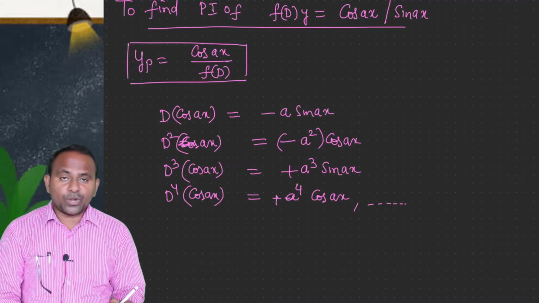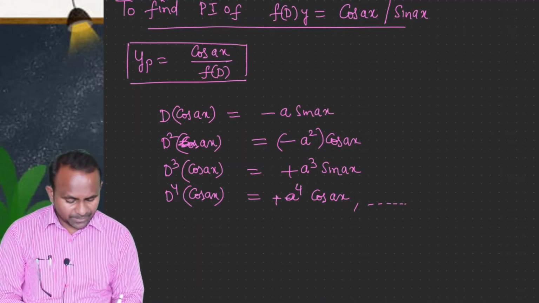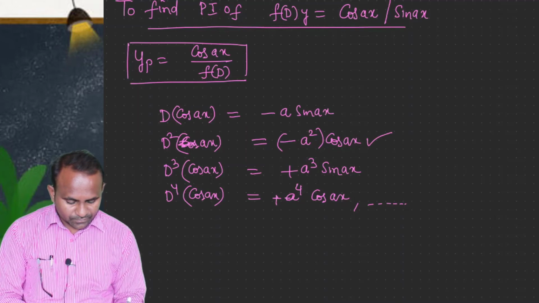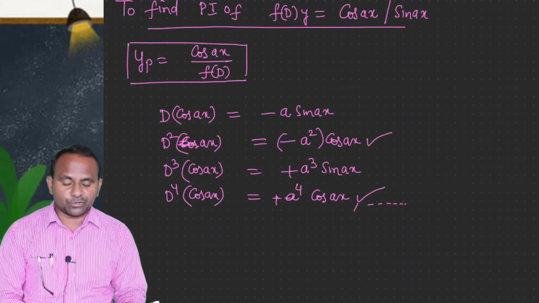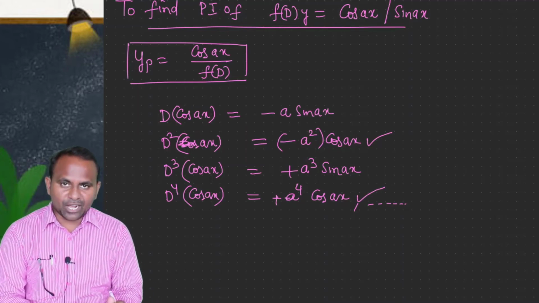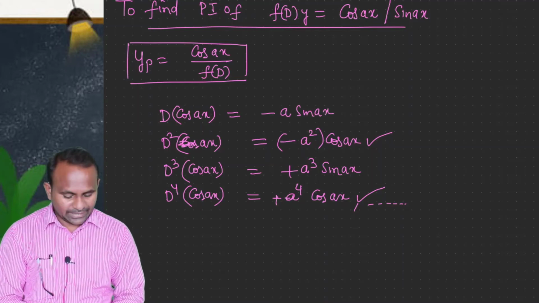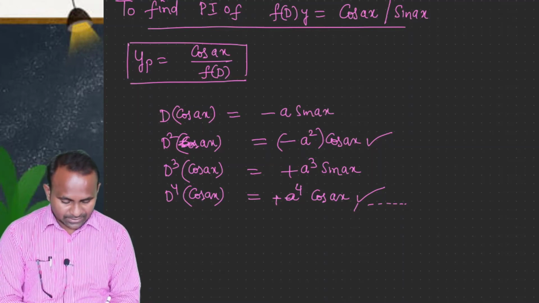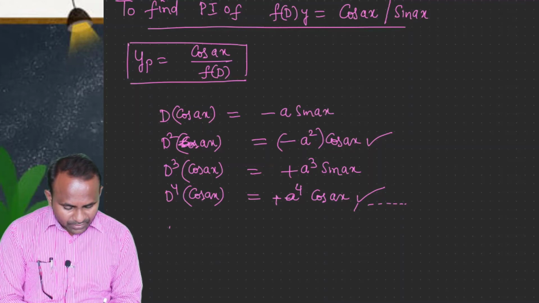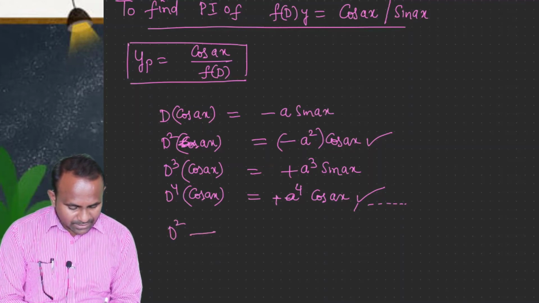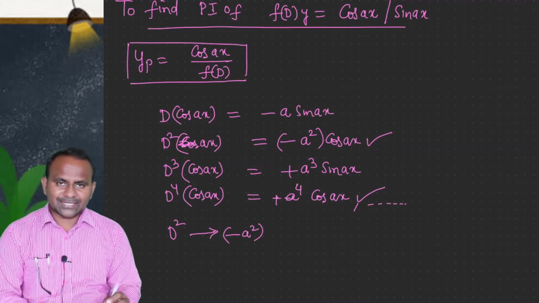See what you can observe in all these: the second derivative, the fourth derivative, the sixth derivative. If you observe all these terms, the same cosine function is obtained in such a way that you can guess something like this. Whenever your D square is replaced with minus a squared, the same function is obtained.